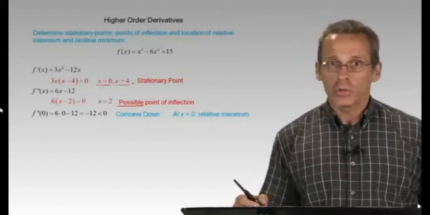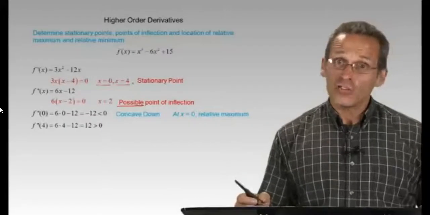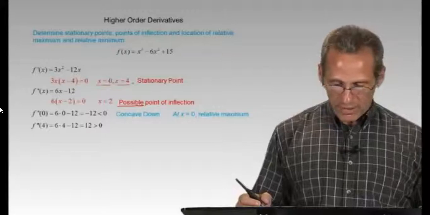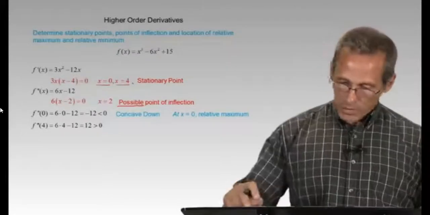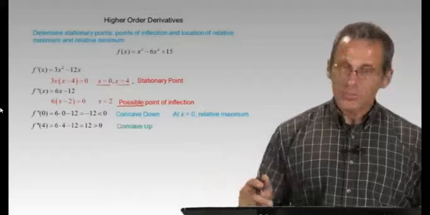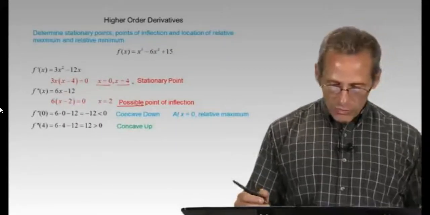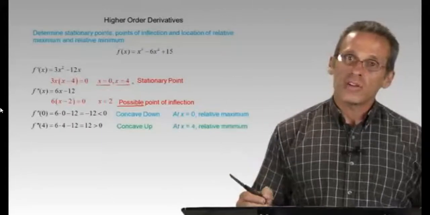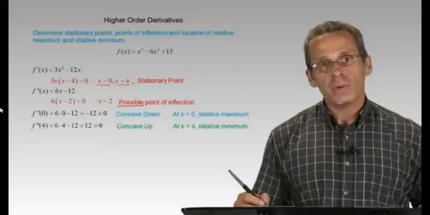2 birds, 1 stone. Let's evaluate the second derivative at 4 on the other side of 2. We find that we get 24 minus 12, which is 12. This is positive. Well, right of x equals 2, the curve is concave up. And because we have a stationary point at 4, and the second derivative evaluated at the stationary point is positive, we have a relative minimum.